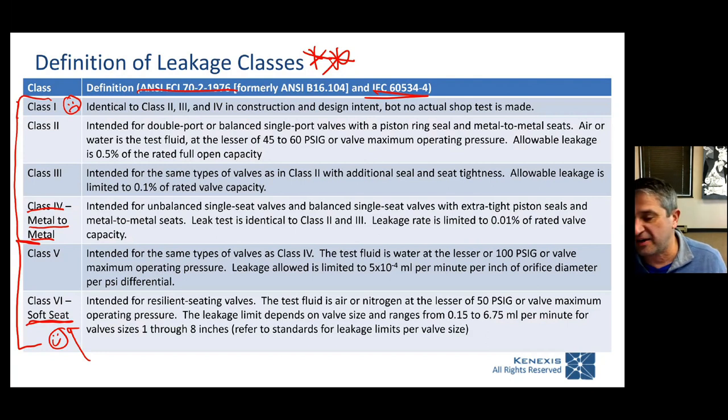And the leak tightness you may have started off with on day 1 is going to quickly diminish to class 3, 2, or 1 after you stroke the valve a few times. So metal to metal is probably the best you're going to hope for in a lot of refinery services, a lot of big petrochemical services, where the materials that you're closing your valve against are severe. Whereas 5 and 6 are going to be reserved for relatively clean, non-severe services.